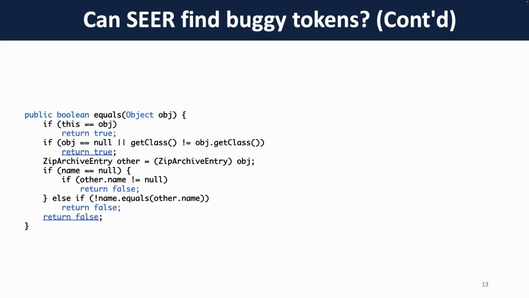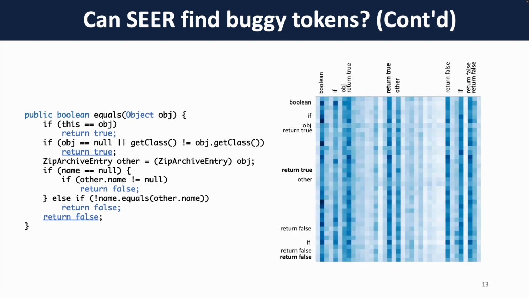Similar to the previous example, I'm going to explain another true negative instance from the dataset. As you can see, there are multiple bug fixes in this example, and each bug fix is in a different line. As you can see from the attention weights, SEER indeed attended the change token along with other important tokens when making its decision. This indicates that SEER is also capable of understanding complex bugs.